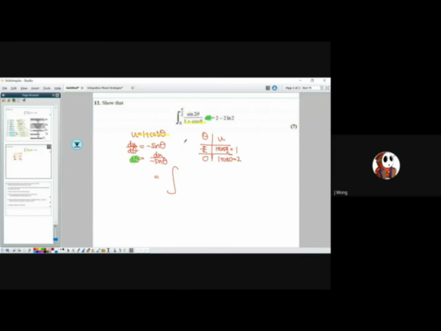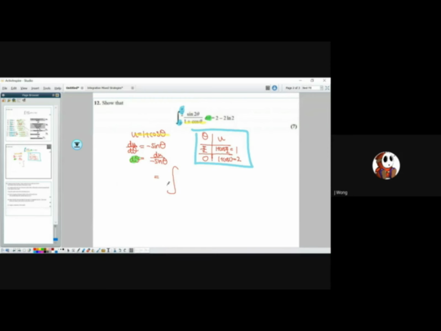So in the second step you change everything: change the limits, rewrite the expressions in terms of u, and then change the dθ into du.